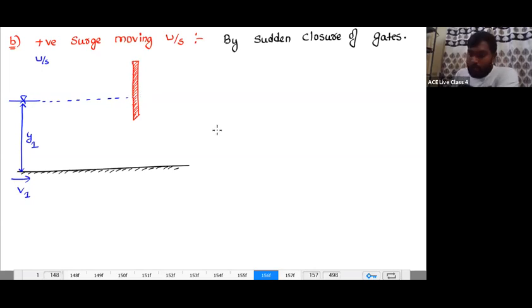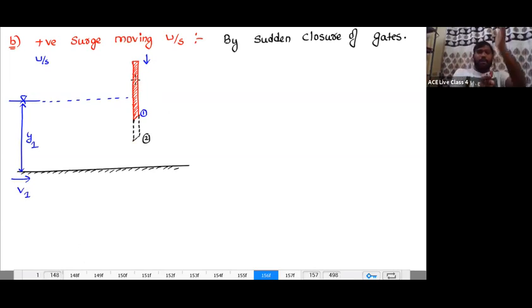Okay. Now this is 1. Now if I close the gate partially, so don't close it fully. If I close the gate partially. Now when I close the gate, now what happens?